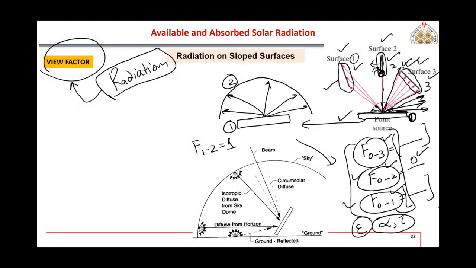Okay. But here we will not go into that detail. Here we will just use one of the rules or one of the relations of view factors, which will be helpful for us to solve this problem which we are trying to solve.